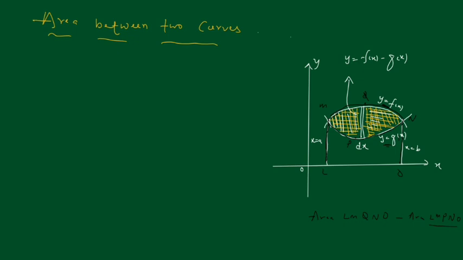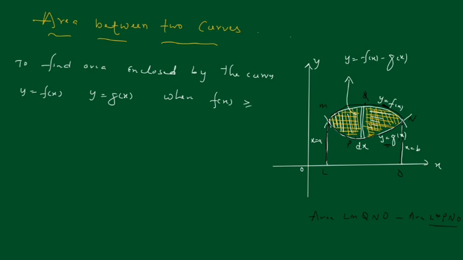So let's see the given curves. In general, to find the area enclosed by the curves y equals to f of x, which is one curve, and y equals to g of x, another curve, where f of x is greater than or equal to g of x in the closed interval a comma b, right?